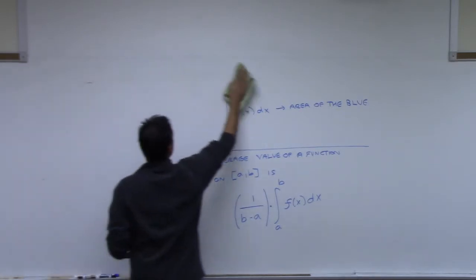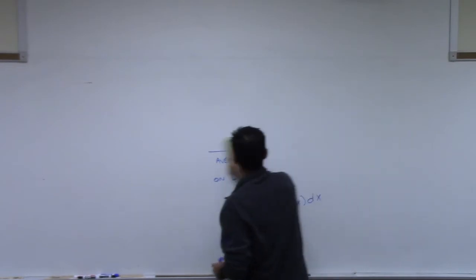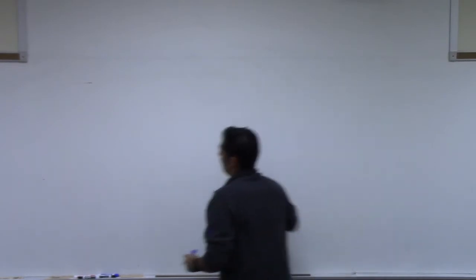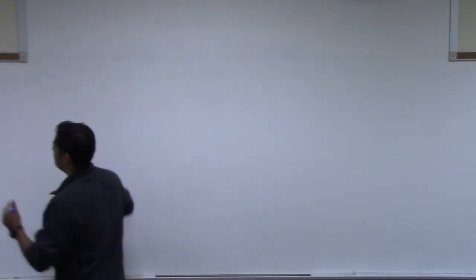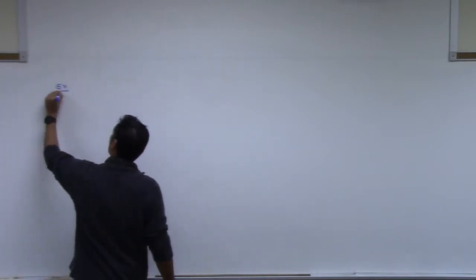So the first example is this. And let me just put that formula back over here just so we have it if we need to reference it. 1 over b minus a times the integral from a to b of f of x dx. Now, example.